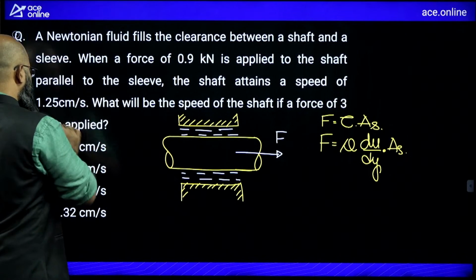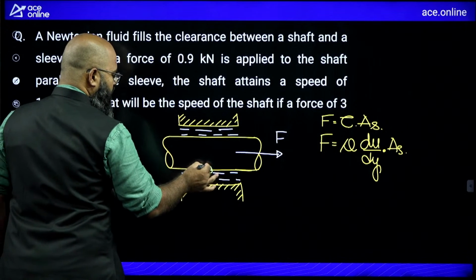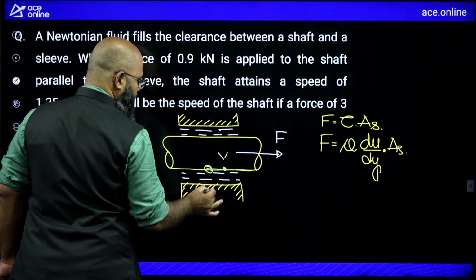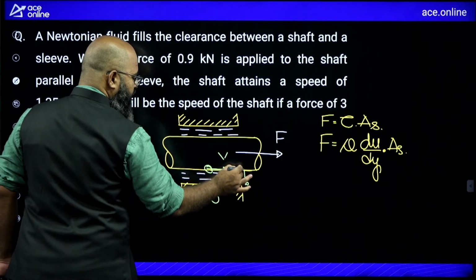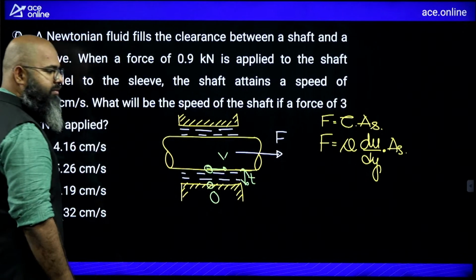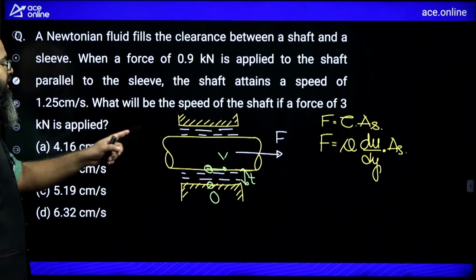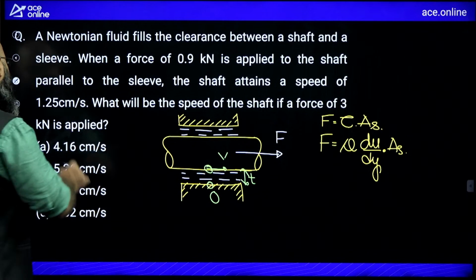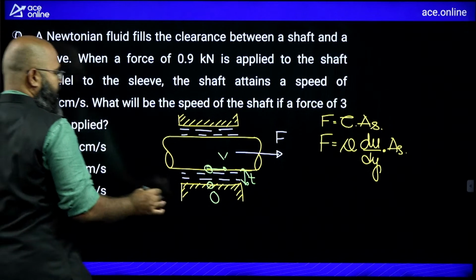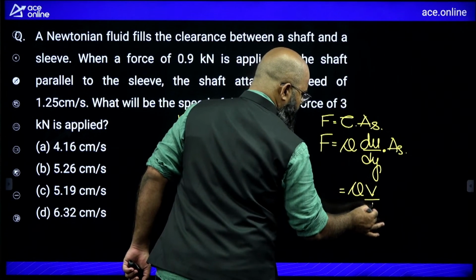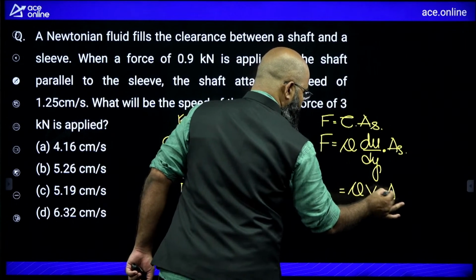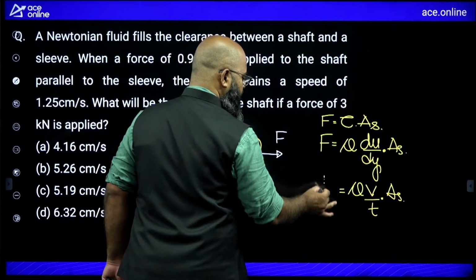If you observe, let us say this velocity is equal to v, and this velocity by no slip condition is equal to 0, and the gap over here, let us say, is equal to t. So du by dy will be equal to v minus 0 divided by t. So that will be mu into V upon T multiplied by shear area. This is the value of force.